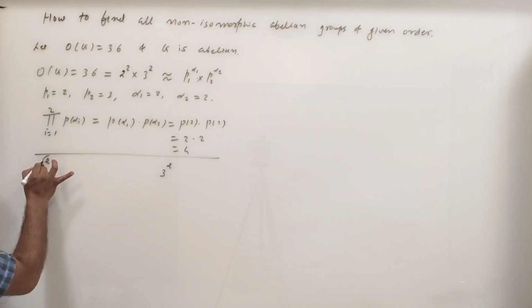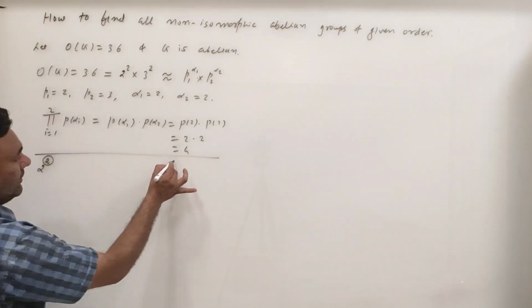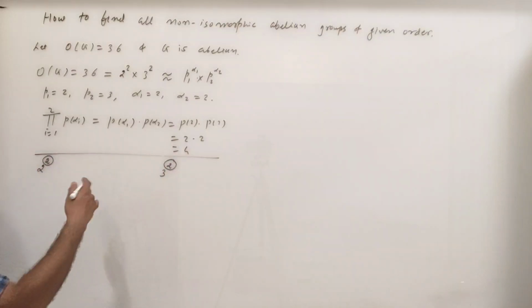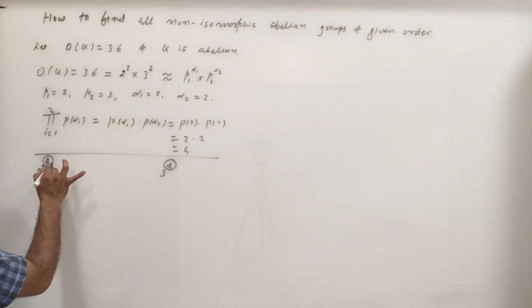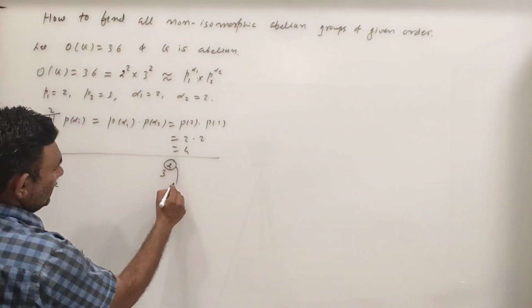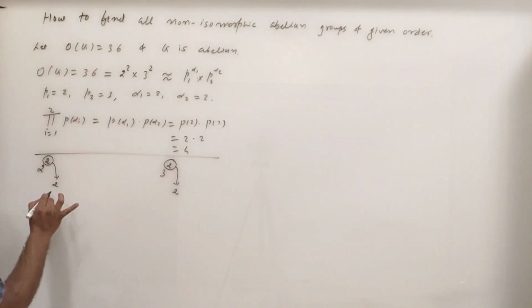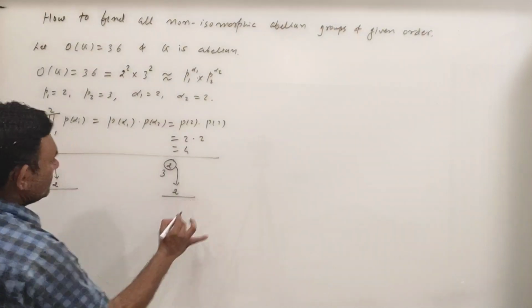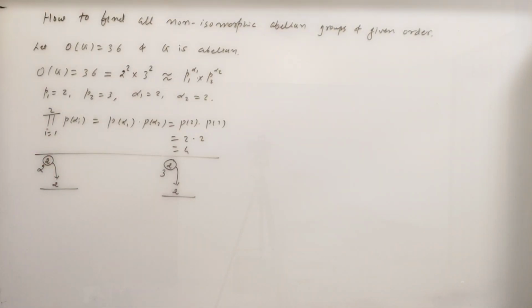So you consider p1 raised to alpha 1, p2 raised to alpha 2. Now you look at the power alpha 1, alpha 2. Here in our case it is 2. Similarly here you look at 2. Now you just write down the partition of this 2. So partition of 2 is 1 plus 1 and 2.